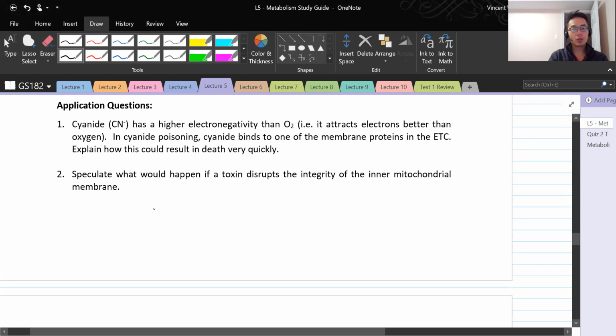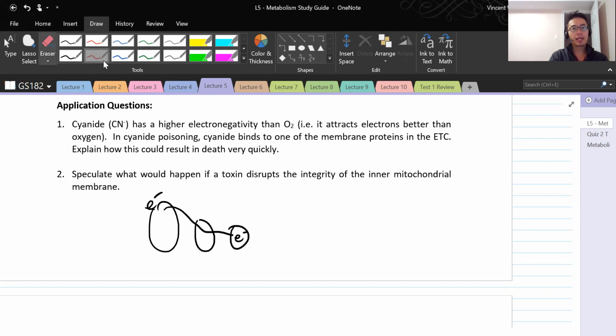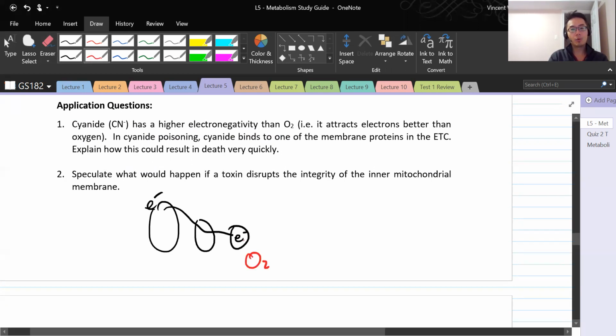As I mentioned earlier, the electron gets passed down, and then the oxygen pulls the electron away. The reason oxygen can do this is that it has a higher electronegativity compared to the ETC proteins.